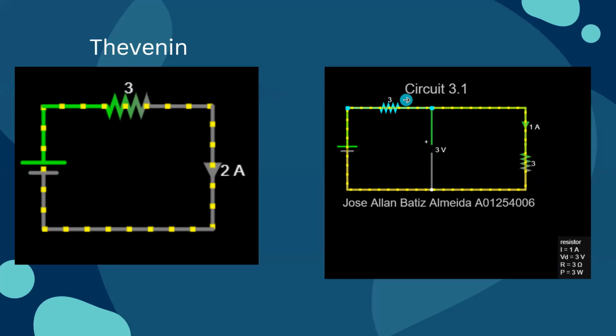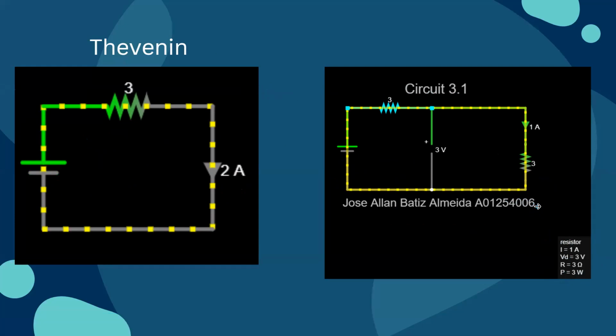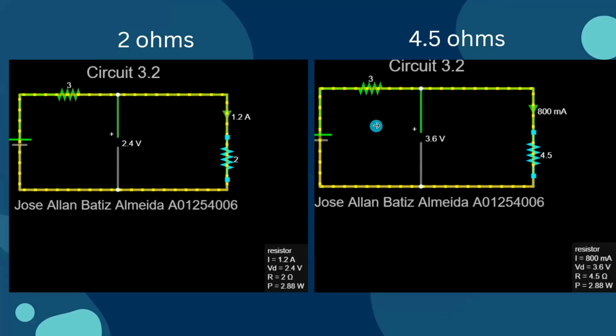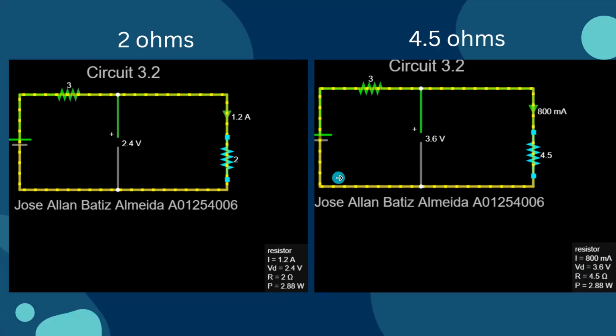To solve part 3.1, we use FastLab, and here we can see that the values are right and give us a very good result. Here we have the circuits with the 2 ohms and 4.5 ohms resistors. We find that they have the same power, and this is just to justify all the work before.